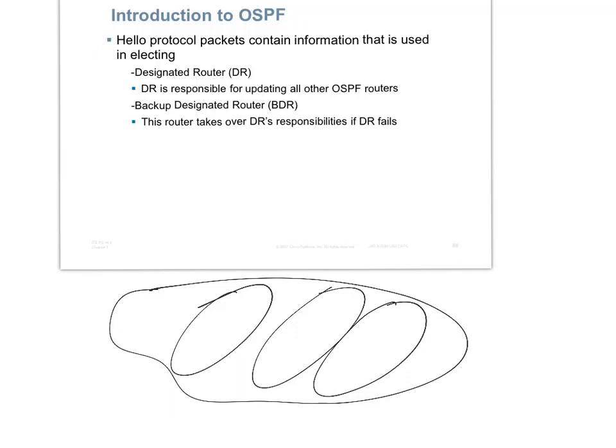So OSPF tries to reduce that overhead by introducing the concept of areas. So we subdivide the autonomous system into areas. You can think of an area as a cluster. So you are clustering the autonomous system, and each cluster will have a cluster head. So you have many routers in each area. A router is declared as a neighbor only if it exists in this area.